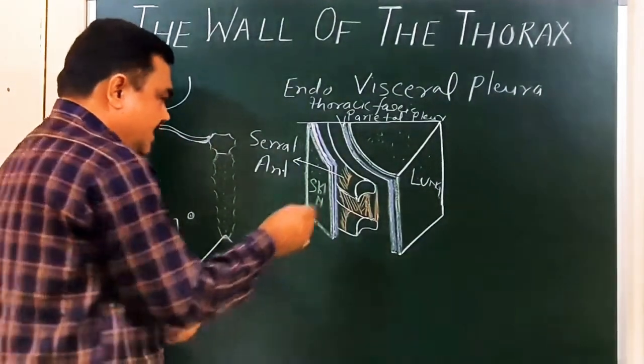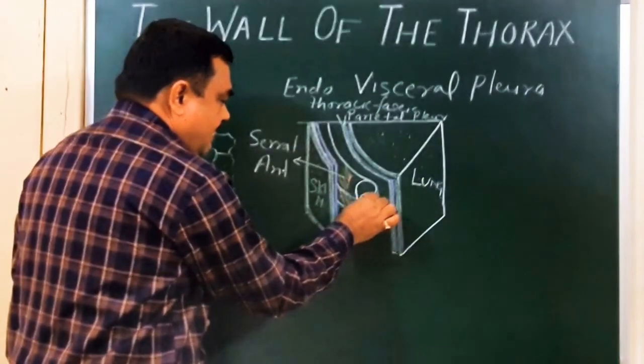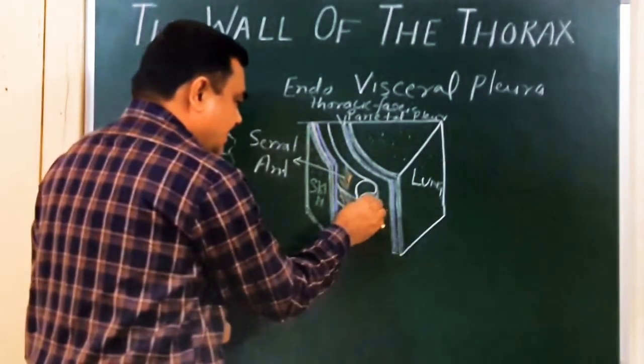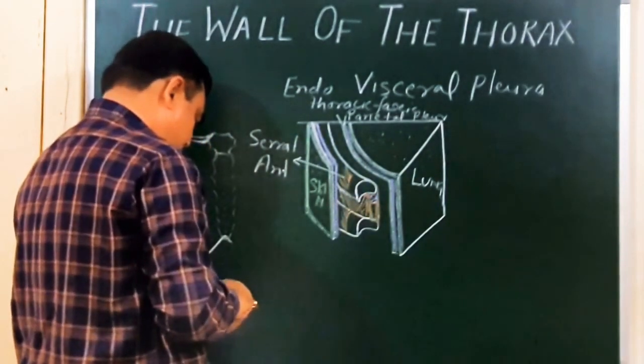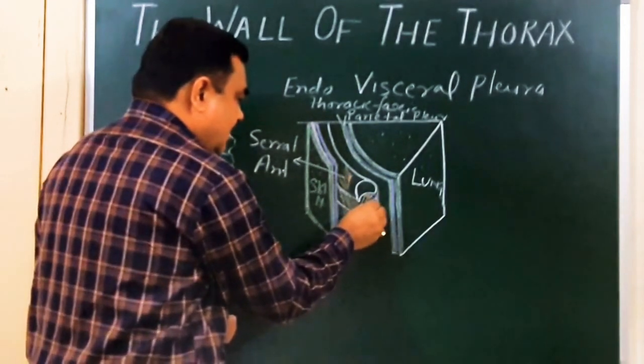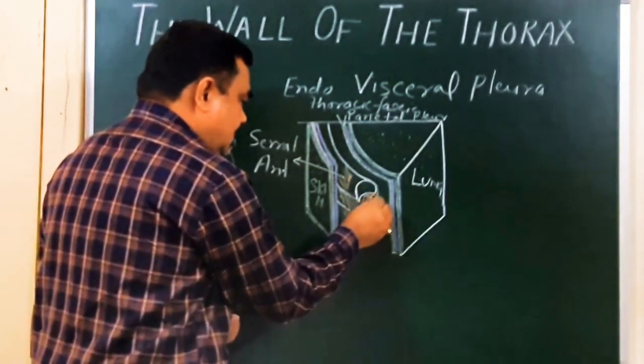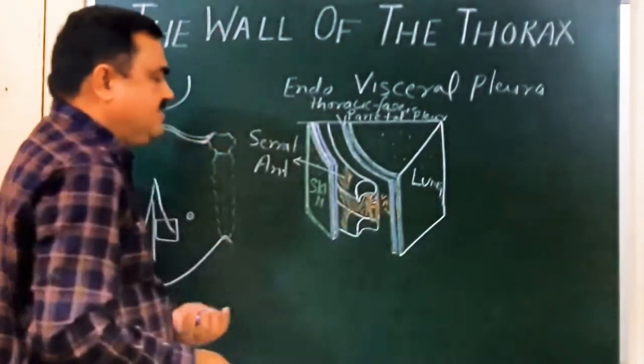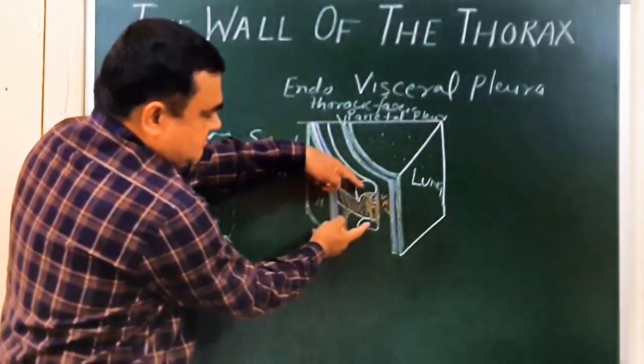And here is a vein, artery, and nerve. These three structures, vein, artery, and nerve, are present in the intercostal space.